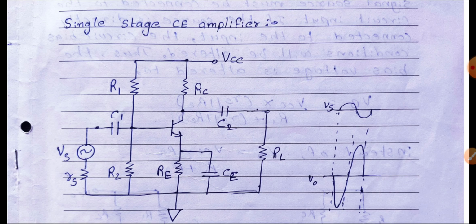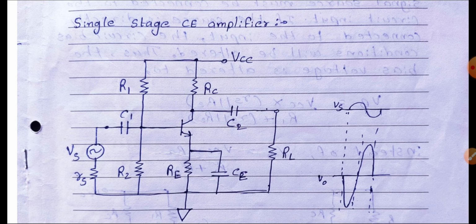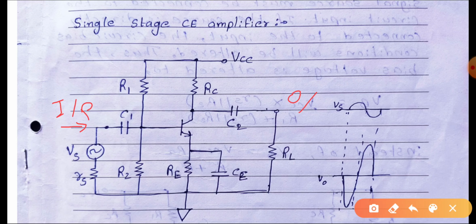So now here you can say you are going to give input signal at the input side of the common emitter configuration or amplifier, and here you will get your output at this terminal.